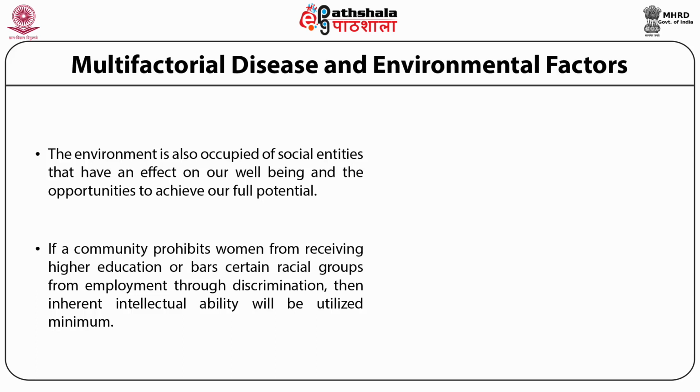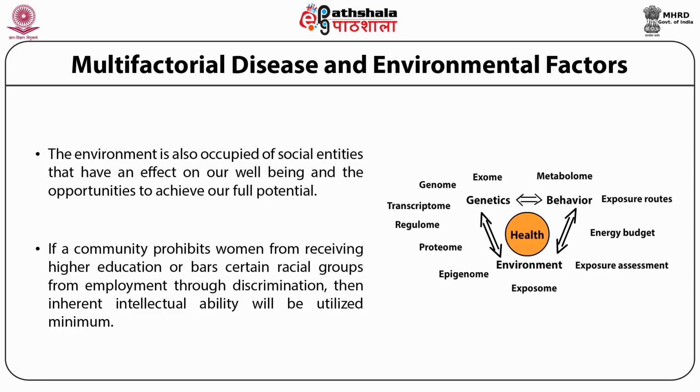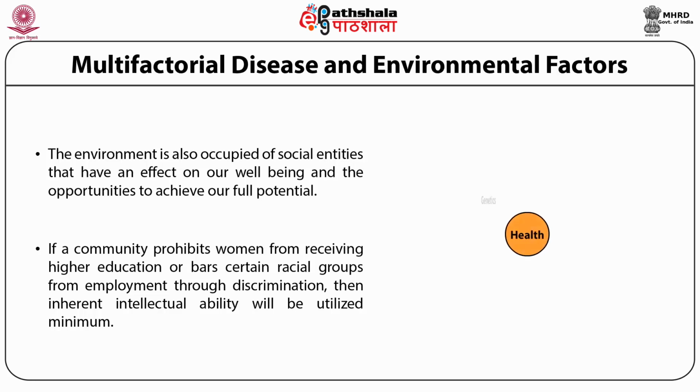Now we see from the figure a flow chart showing the interaction of genetics, behavior, and environment resulting in health status. We have health at the center point, which is the main focus. Then we have genetics responsible for behavior. Behavior is influenced by the environment.